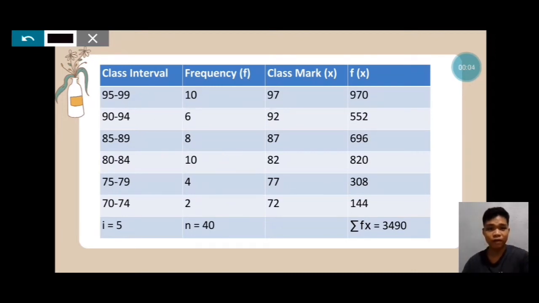A total of 40 students. By the way, our class width here is 5.